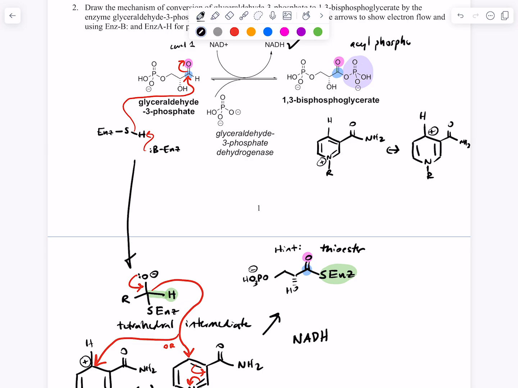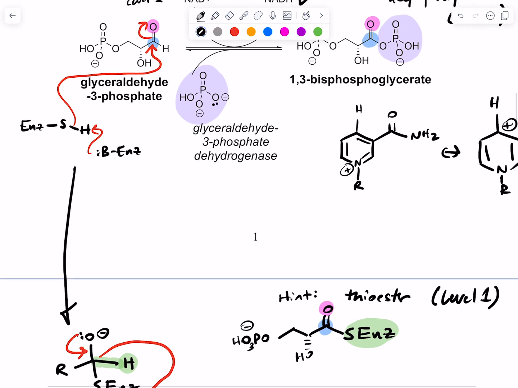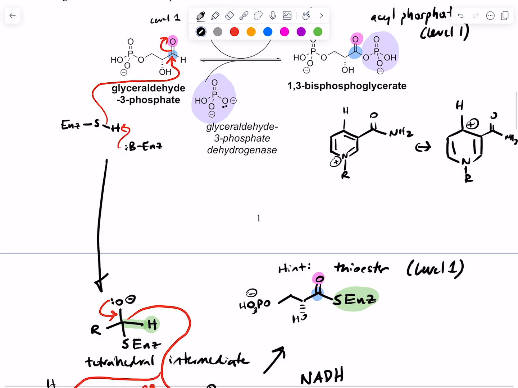Again, that should sound reasonable, because the thioester is level 1 reactivity and the acyl phosphate is level 1 reactivity. So what we're actually looking at here is what we've called before nucleophilic acyl substitution. So what should my arrows do here? From the lone pair on the phosphate nucleophile to the carbonyl, to get a tetrahedral intermediate.